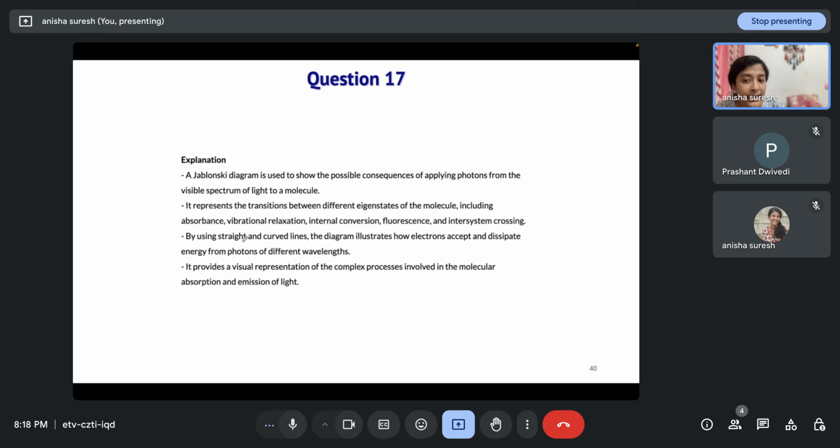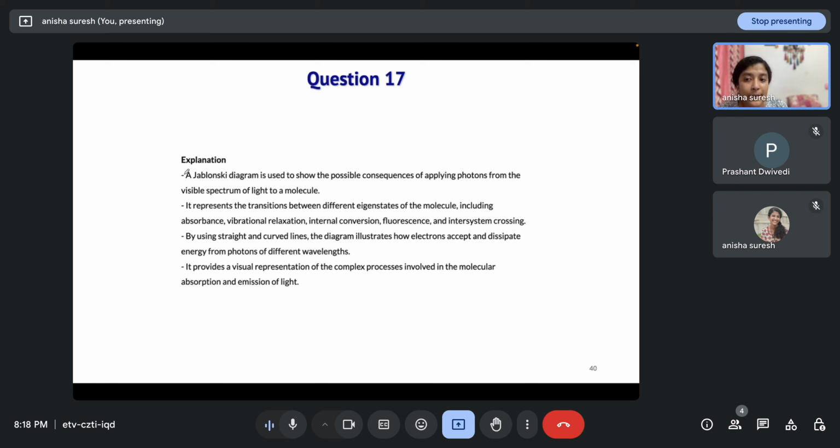Straight lines indicate radiative processes, and curved lines indicate non-radiative processes. It provides a visual representation of the complex processes involved in the molecular absorption and emission of light.